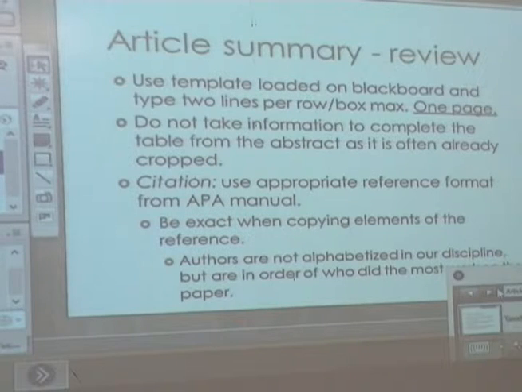Yes, ma'am? I've got a question about that. I don't get the 2 lines. 2 lines per what am I saying? Like, what are you saying when I do this? I've got my paper right here. You got your paper? So I'm calling a row, so I have 19 rows in this table. You're allowed 2 lines of writing per row, so you're allowed a total of 38 lines in your summary.